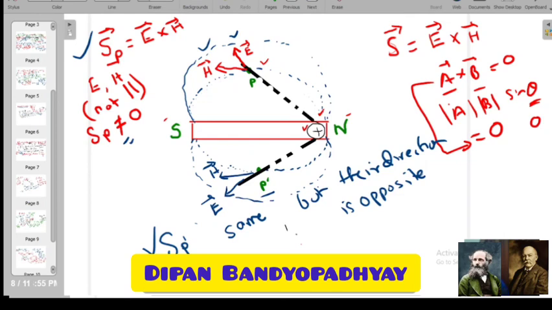But except for some pathological cases like this, you can use the Poynting vector to find the power density at a point in space most of the time, but not necessarily every time will it give the correct information of the power.